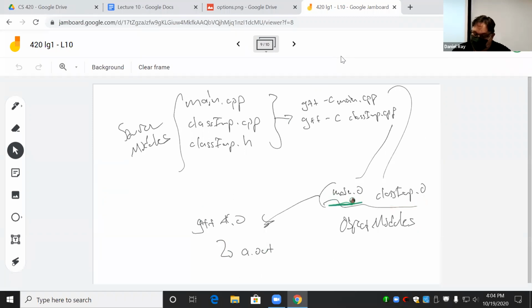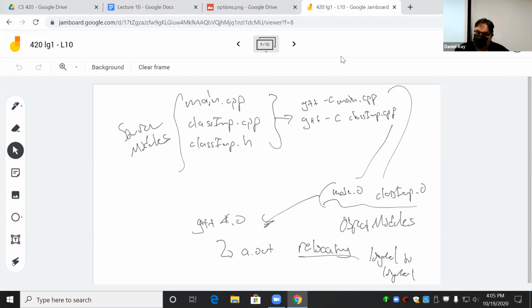Each one of these object modules has its own logical address space, right? So main.o presumes that everything in that module has a logical address. Its memory addresses start at 0 and go down, as does this one, start at 0 and go down. When we compile them together, what we are doing is relocating these files. That's just a logical to logical relocation.